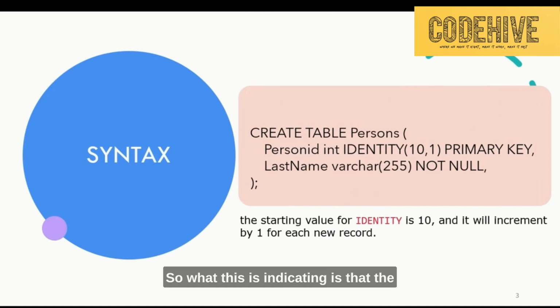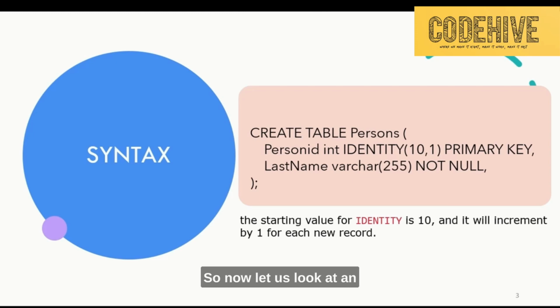What this is indicating is that the identity will start at 10 and it will increment by 1 for each new record. So it will go from 10, then 11, then 12, 13, etc. You can also start from 1 and increment by 1, then it goes 1, 2, 3, etc. So that is the syntax.